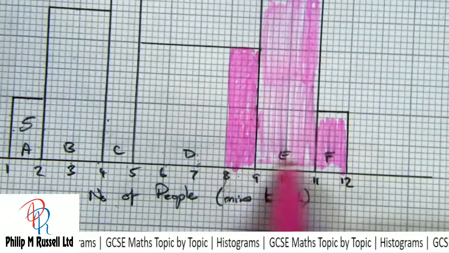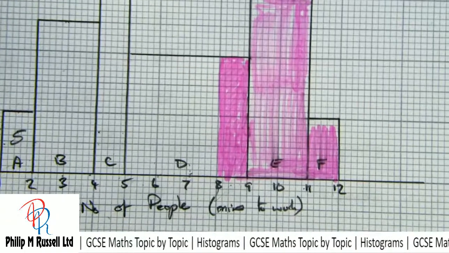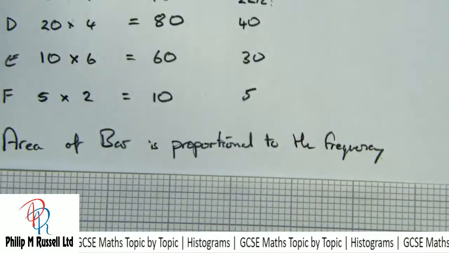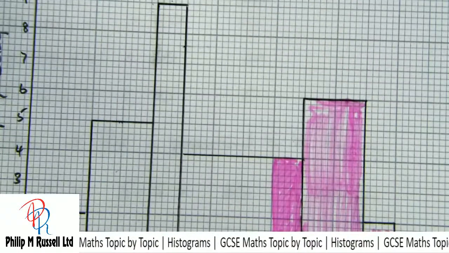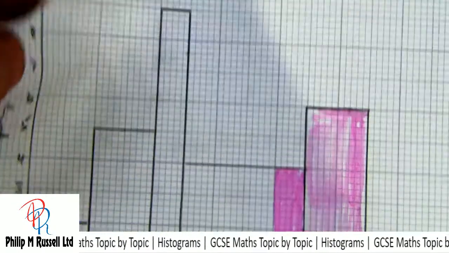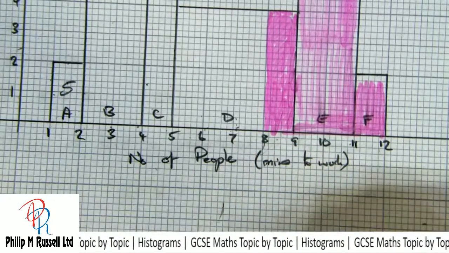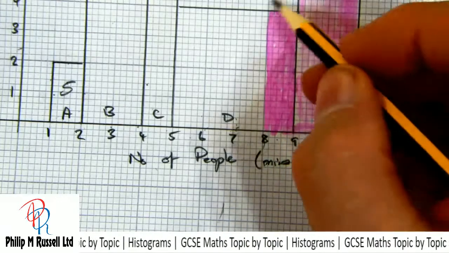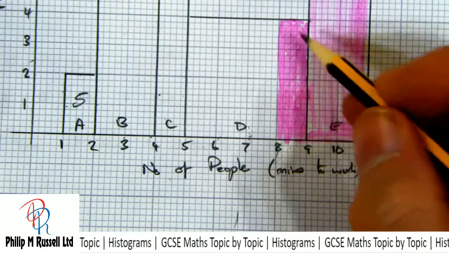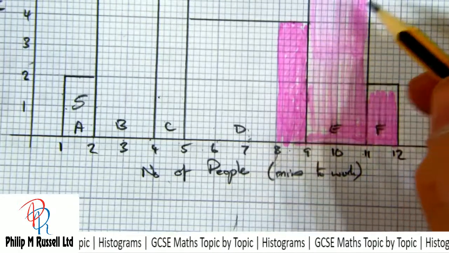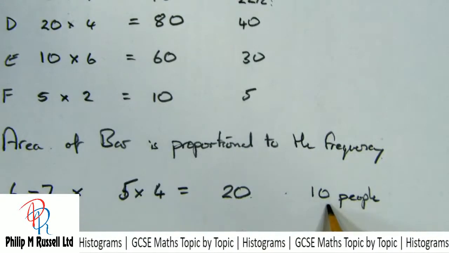Well, these aren't going to be too hard to find, E and F, because I've got those numbers already worked out. That's going to be 30 and 5. And for this particular one, we've got to work out what proportion of this it's going to be. We know it's 4 high, and we know it's 5, so 5 fours are 20, and that's the same sum as we did before. 5 fours are 20, that's 10 people.